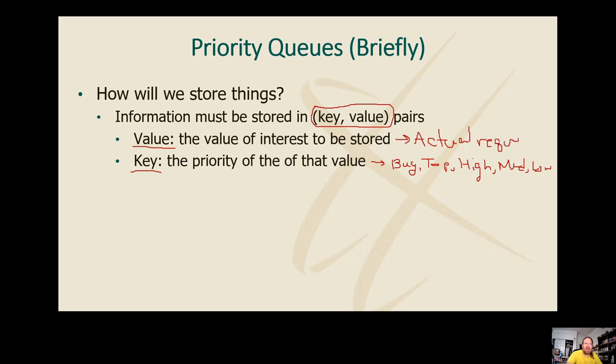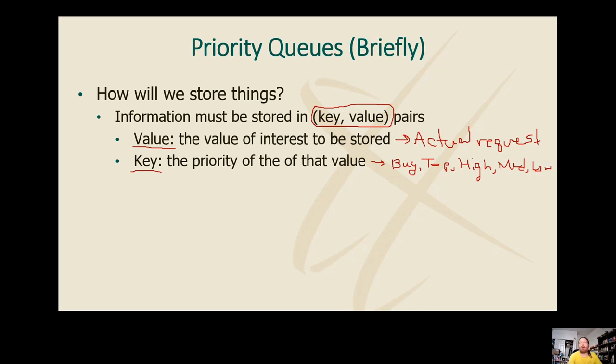So we need to hold on to this value. This is of crucial importance to the user, but it does nothing in the code to drive the behavior of our system. And we'll talk more about that as we go along.